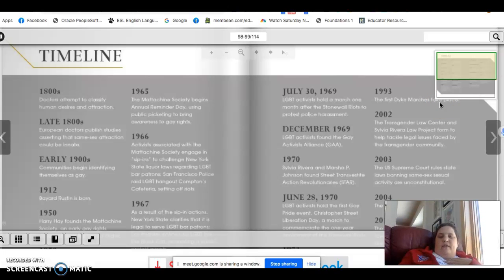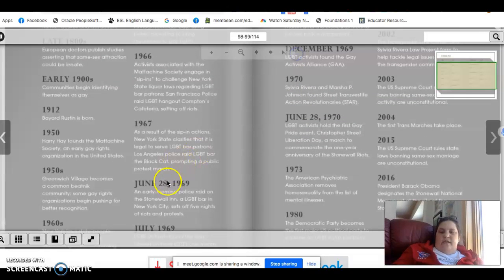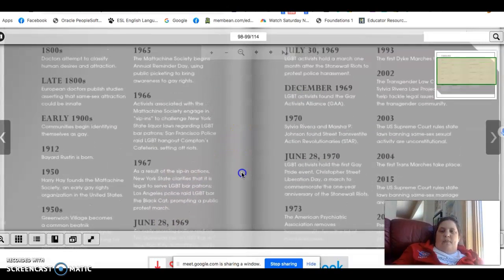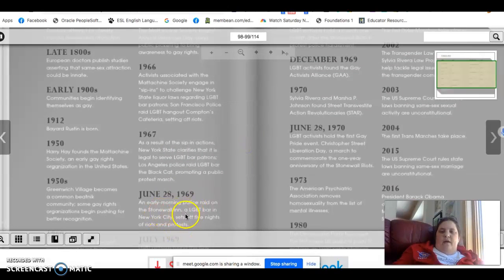What happened was in 1969, June 28th, 1969, the police raided the Stonewall Inn, and that was an LGBT bar in New York City. And that set off 5 nights of riots and protests.